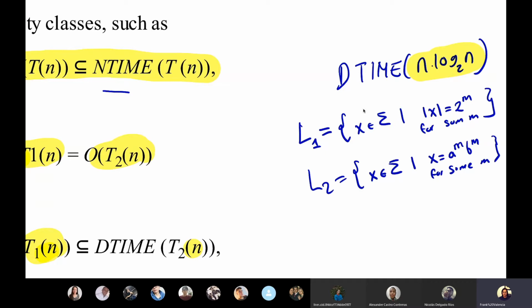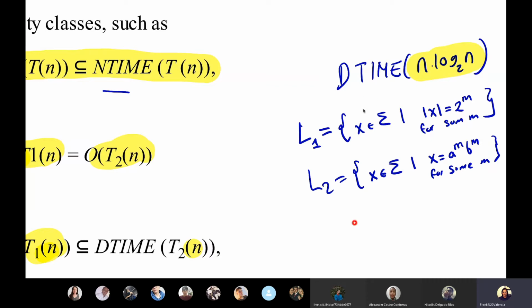It can actually be decided in n, but that means that this is also the case, because if it can be decided in n, it can also be decided in n log n. So these two languages are in this class of languages, in this set of languages.